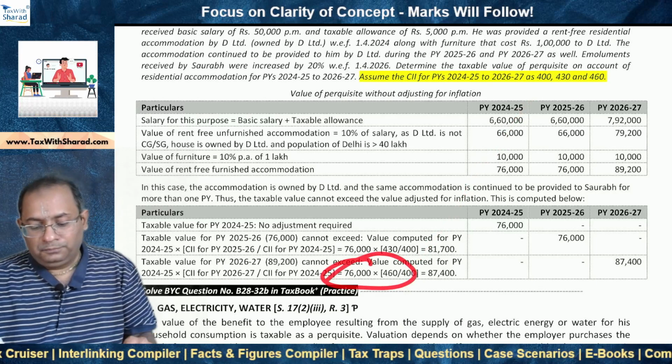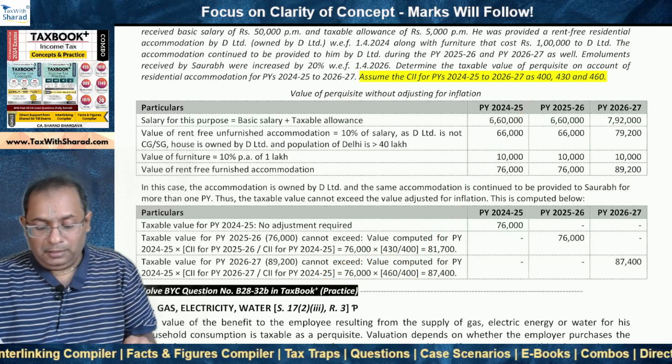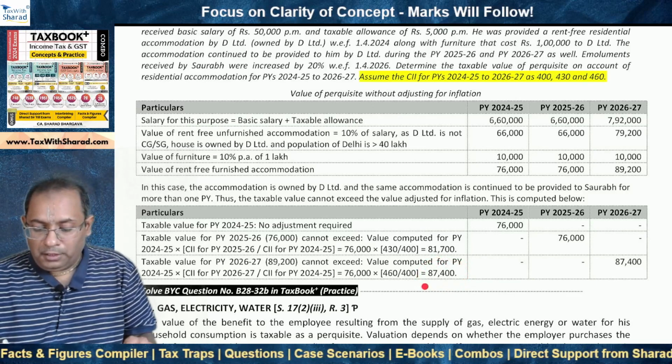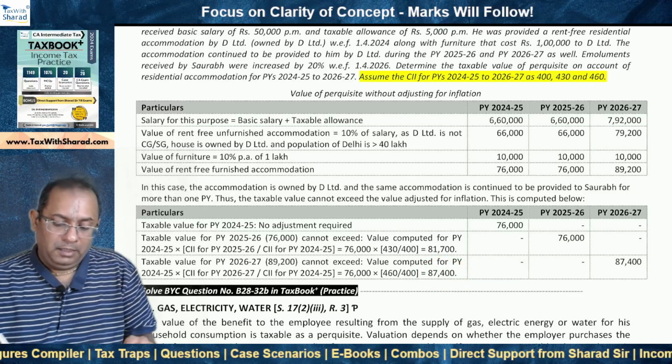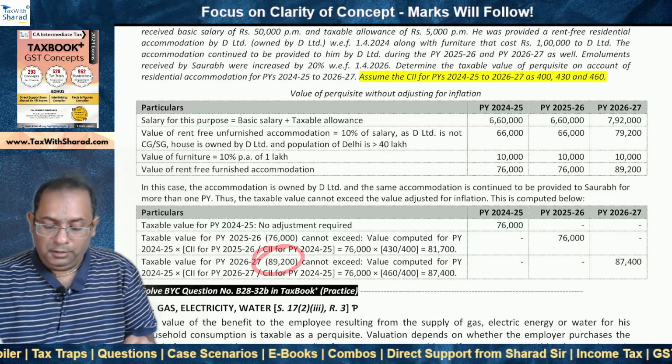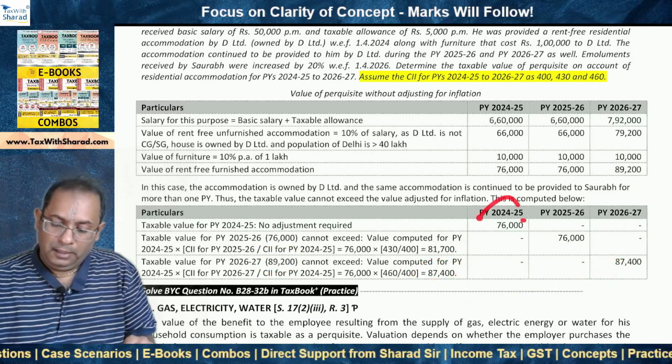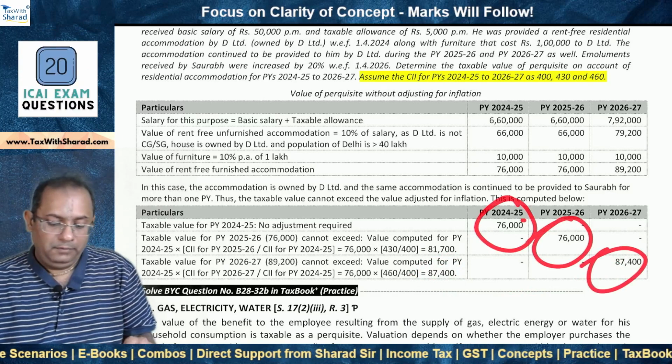So this amount is the limit, which means 87,400. So the valuation cannot exceed 87,400, but it is exceeding at 89,200. So we will have to limit the valuation to 87,400. So this is how the value will be computed for each of these previous years.